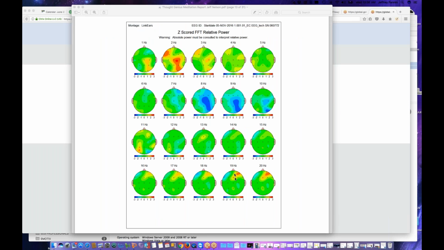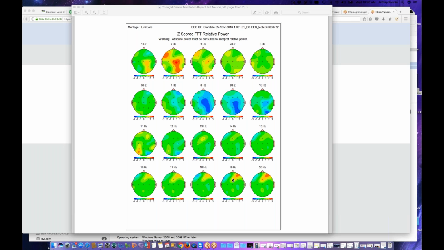We see this beginning to form, and there's this area that we call F8 over here, and this is FZ, and this is FP1, creating this angular activity that's about 2.5 standard deviations above normal.